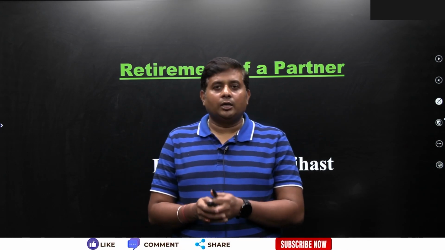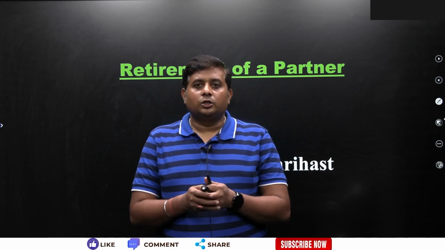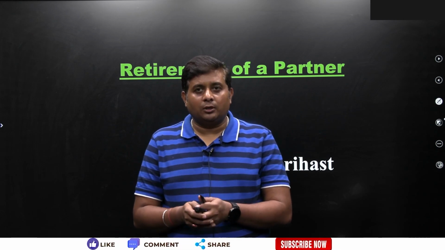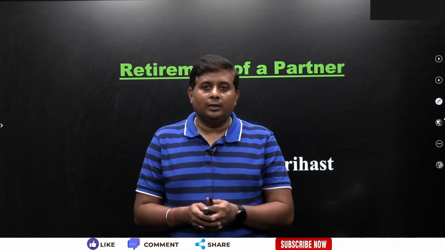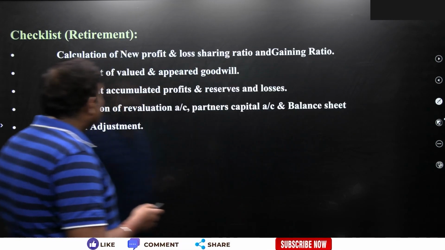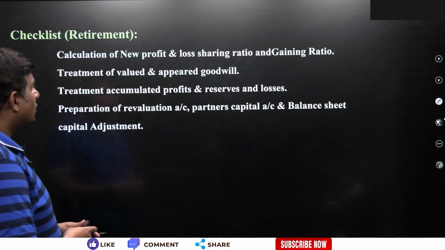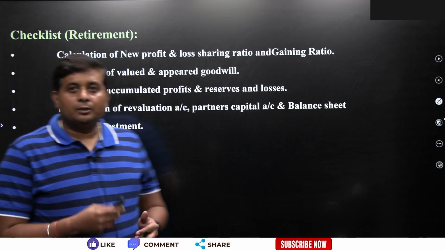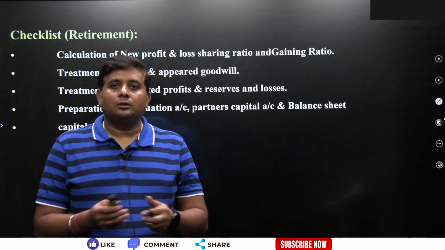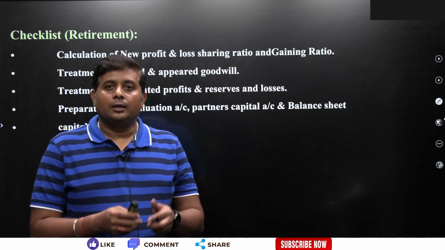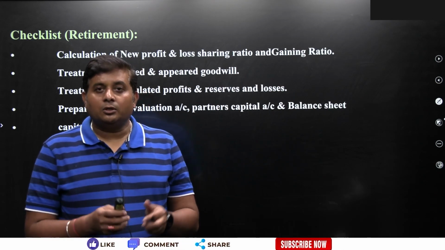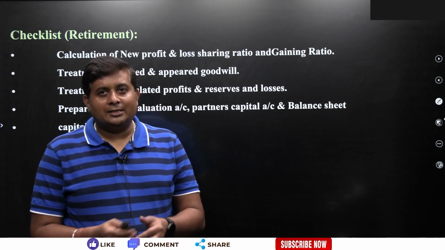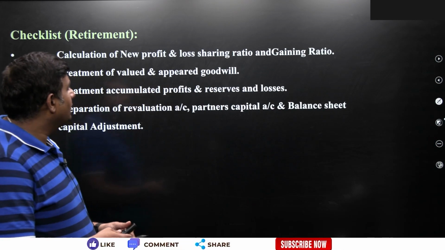Whenever we are talking about the retirement of a partner, we have to consider a few checklist items, and this checklist is very important. First is calculation of the new profit and loss sharing ratio. As you know, whenever a partner retires, the new ratio is calculated, because the old ratio is affected by the retirement of an existing partner, and we have to find the gaining ratio.